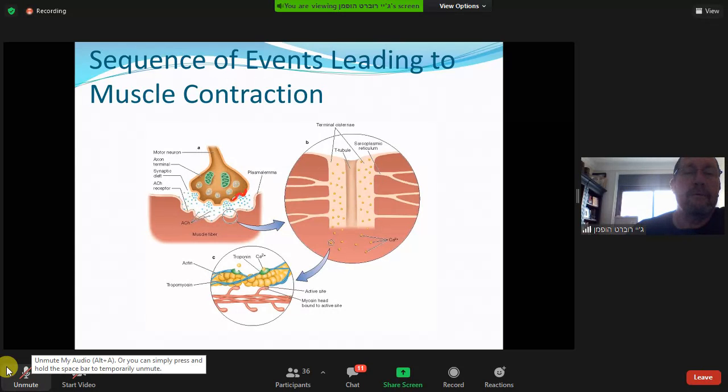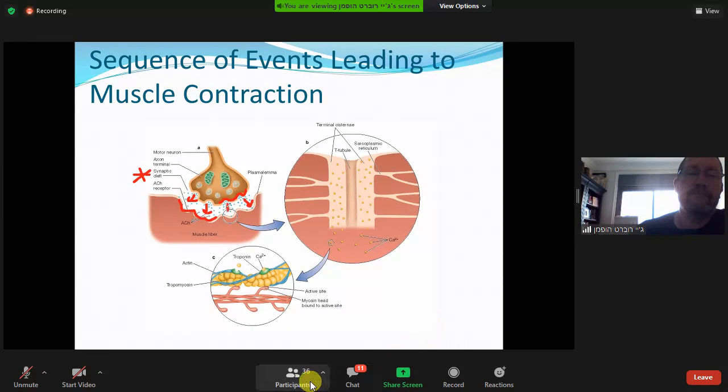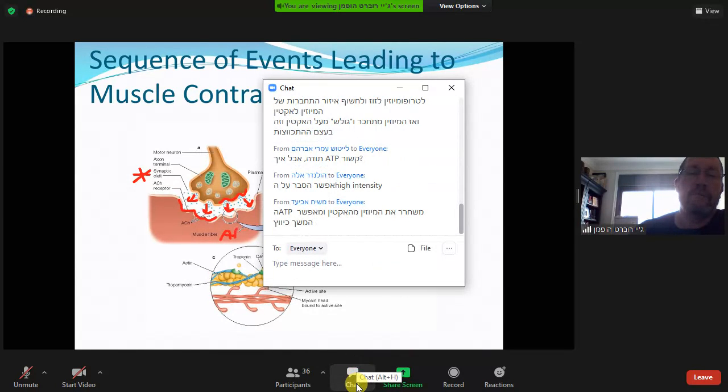If the action potential is sufficient, it's going to cause a release of these vesicles of acetylcholine. If the action potential reaches threshold level, it then releases the acetylcholine across the synaptic cleft. They go in this direction, they interact with the postsynaptic receptors, and this will cause an action potential to occur.